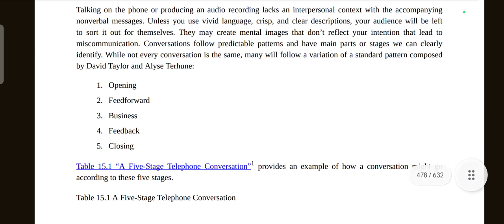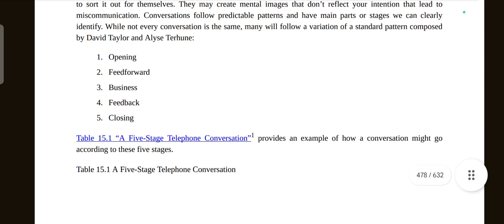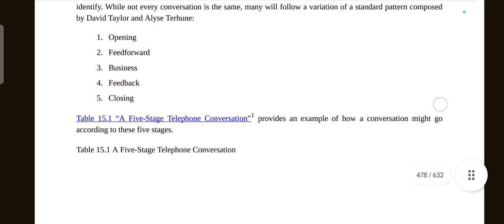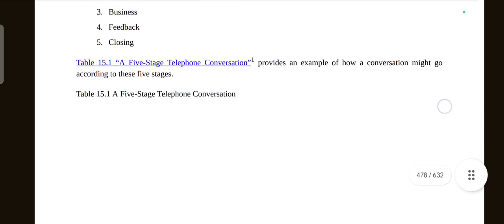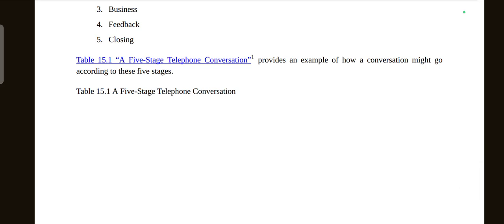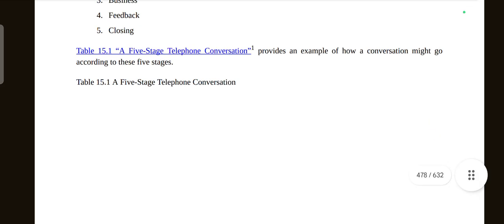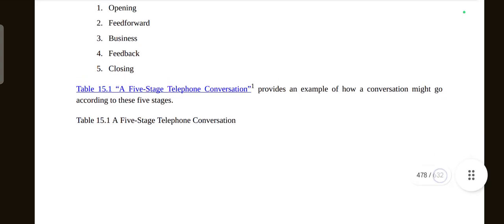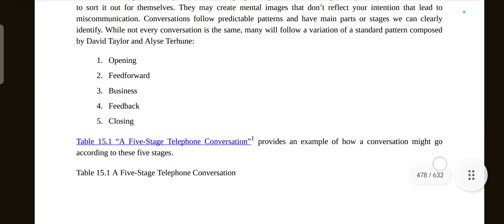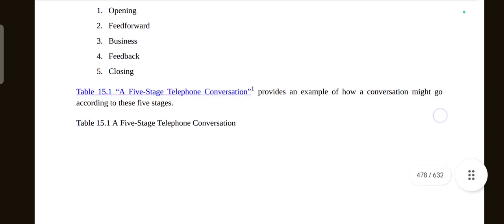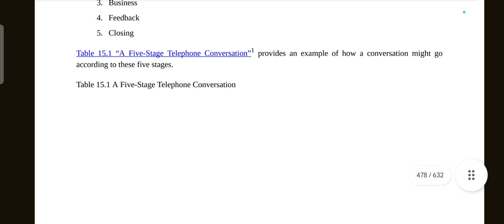First is the opening, second is the feed forward, third is the business, fourth is the feedback, and lastly, fifth, the closing. So table 15.1 shows an example of how a conversation might go according to these five stages: opening, feed forward, business, feedback, and lastly the closing.